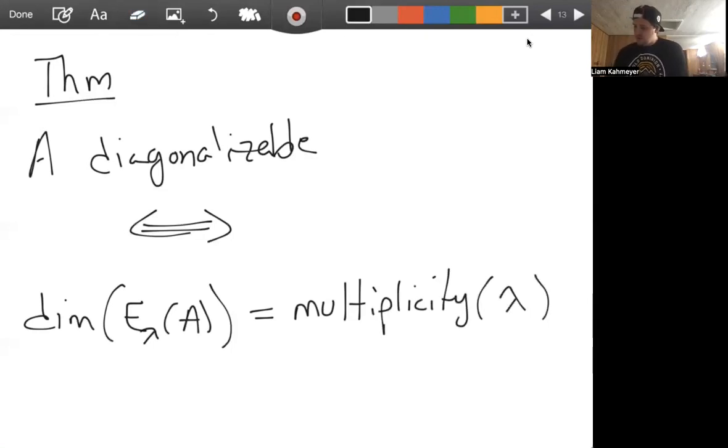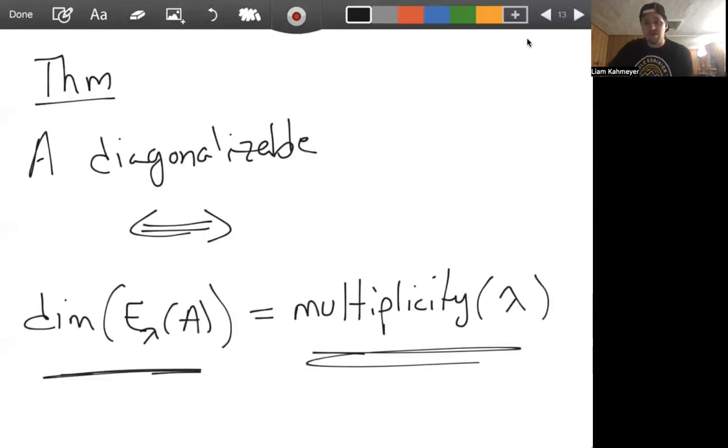And so the multiplicity of lambda being the dimension of the eigenspace guarantees that you have enough unique eigenvectors.